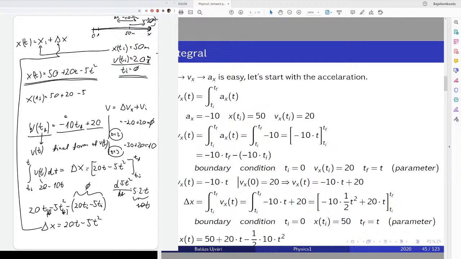Where is the particle at 5 seconds? It's 50 plus 100 minus 25, 125. This is 25. And since we use SI everywhere, this is meter. So, if we know the acceleration and these boundary conditions, we can have the position of the particle, which is an answer for this example.